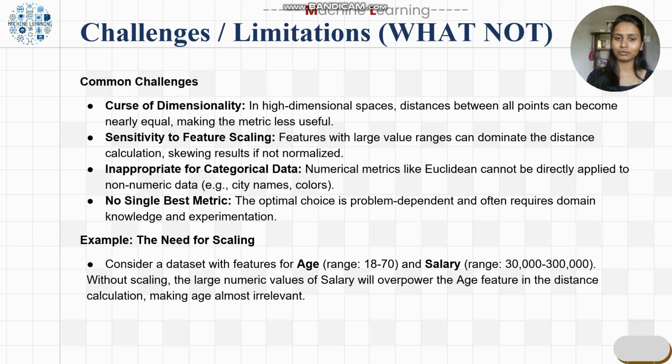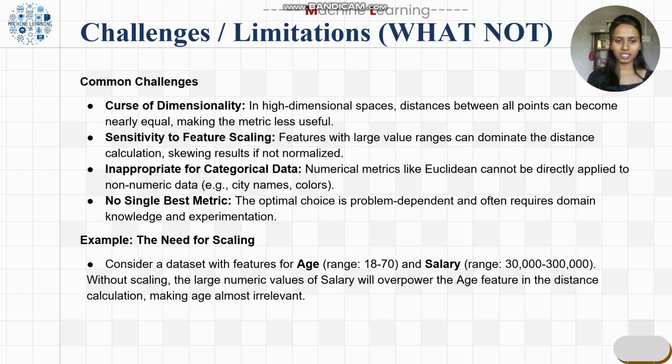So we have to convert it into numeric data by using techniques in machine learning like one-hot encoding. And the last one is that there is no single best matrix. It is very important to choose the best matrix for a given data set. That is one of the most commonly faced challenges in KNN.